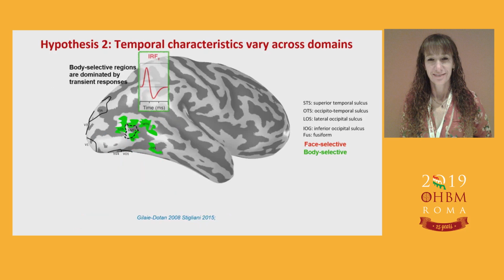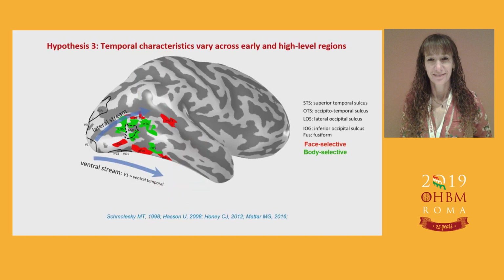Perhaps body parts are more dynamic than faces, so the body part selective regions, independent of stream, are going to be dominated by transients, but the face selective regions might be dominated by sustained responses. A third alternative that's not mutually exclusive is that there might be differences across early and later visual areas. And indeed, there's a large literature that suggests that higher order areas have larger and later temporal integration windows compared to earlier regions.